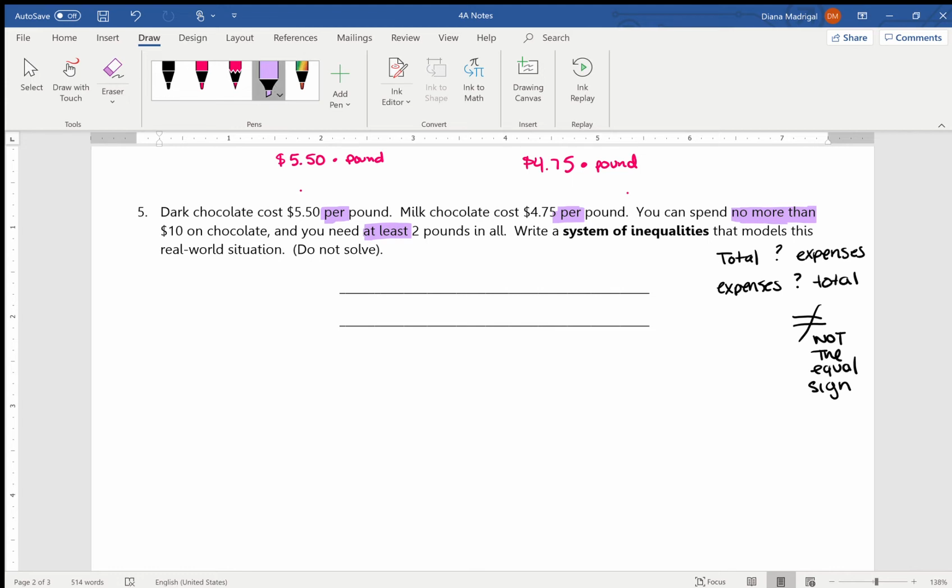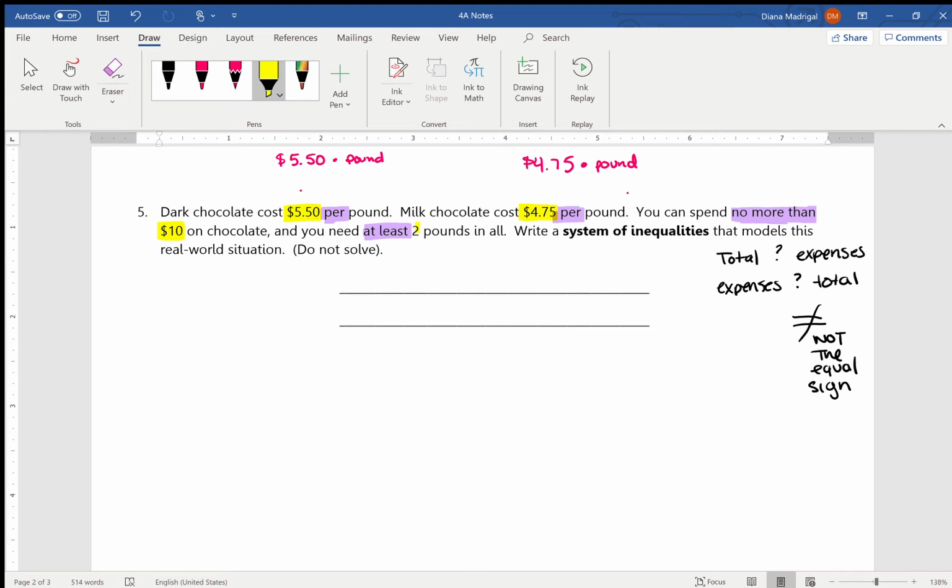The next thing that I told you in the other problems is that you need to highlight the numbers given to you, because the numbers given to you are part of the inequalities or equations that you're going to be writing. So you have 5.50, and because of the money sign, I know we're talking about money. 4.75, again, we're talking about money because of that sign. $10, again, I know it has to do with money because of the symbol.